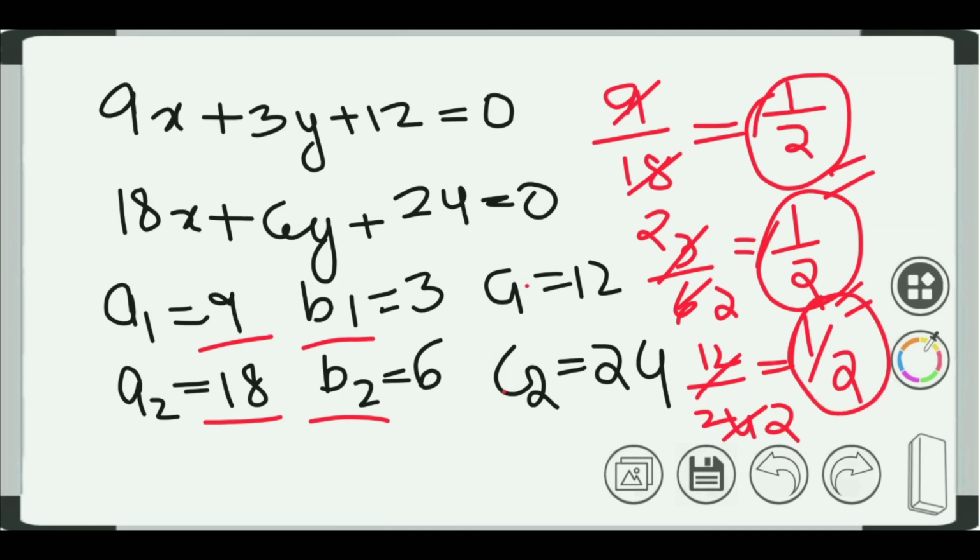So which condition? If a1 by a2 is equal to b1 by b2 is equal to c1 by c2, what is the conclusion? The pairs of linear equations given in the question have infinitely many solutions and the lines will coincide. So you can note it down.